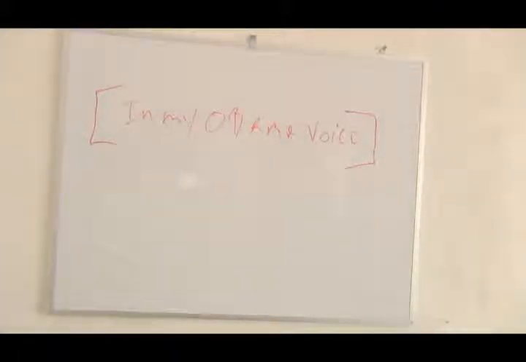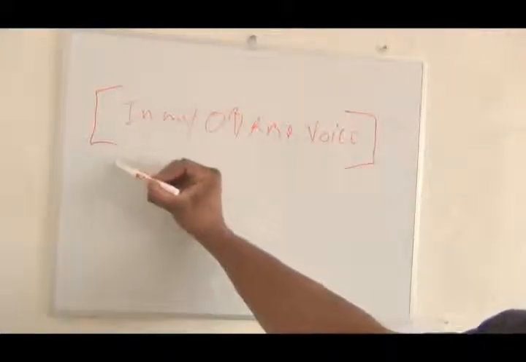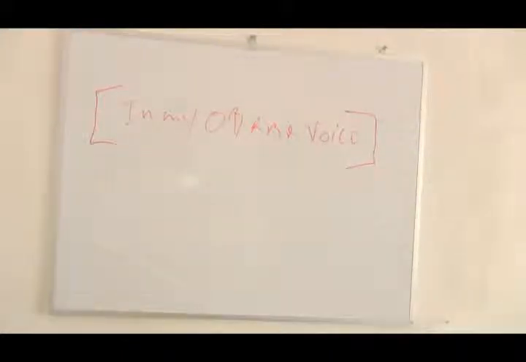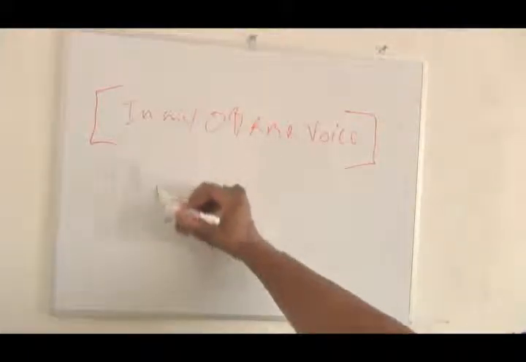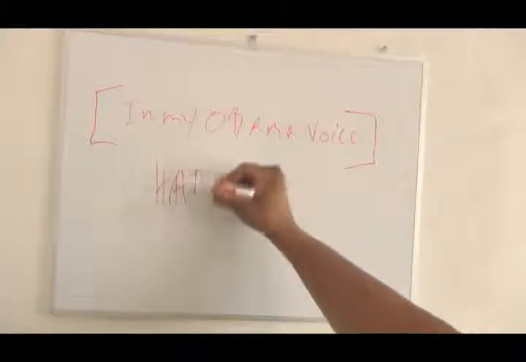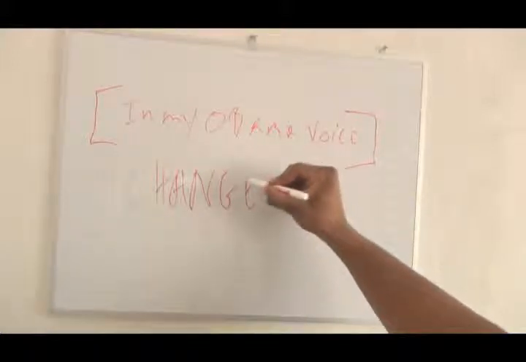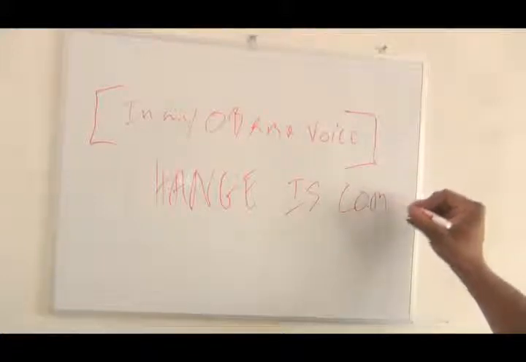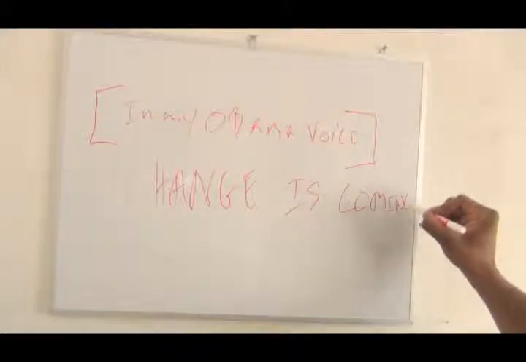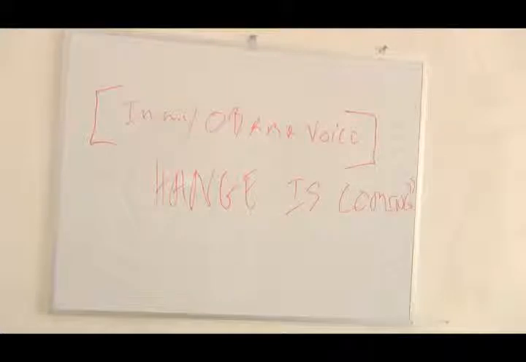People would be like, in my Obama voice, instead of an asterisk, what you're supposed to do is open quotation, open quote. In my Obama voice, change is coming, close quote.